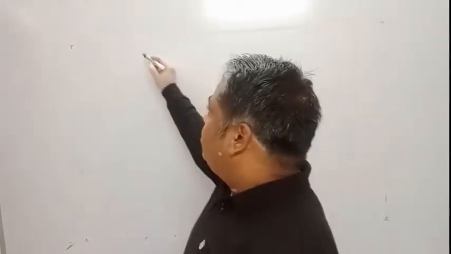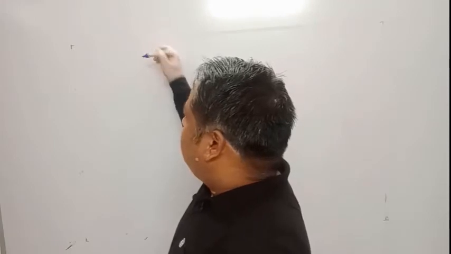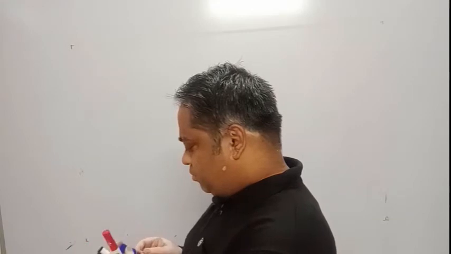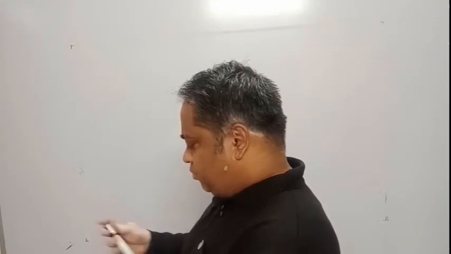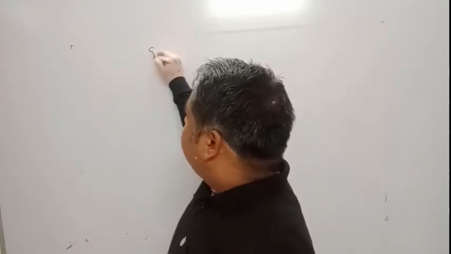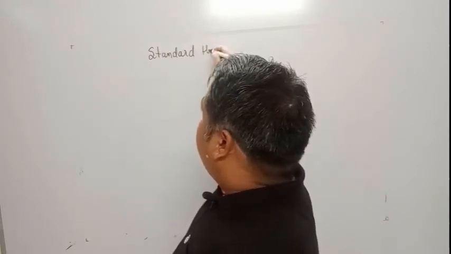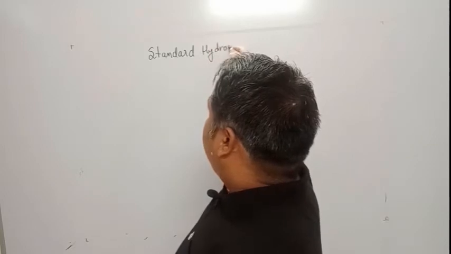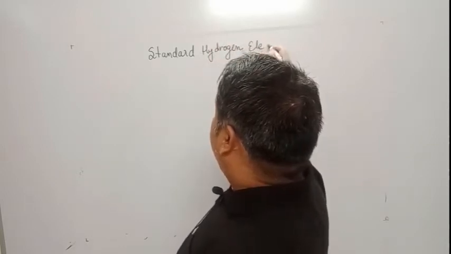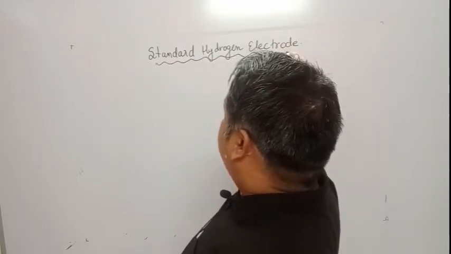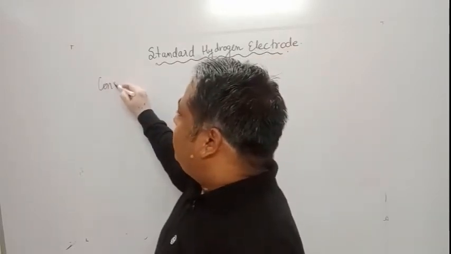So to find out the electrode potential of a half cell, we use the standard hydrogen electrode.